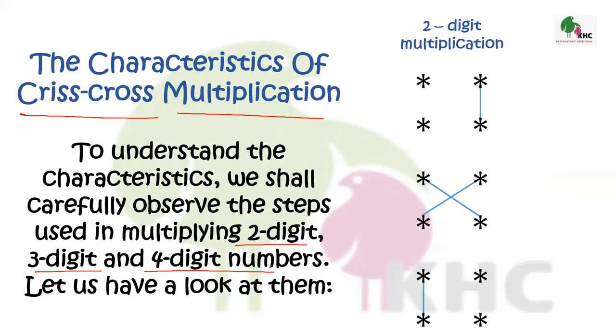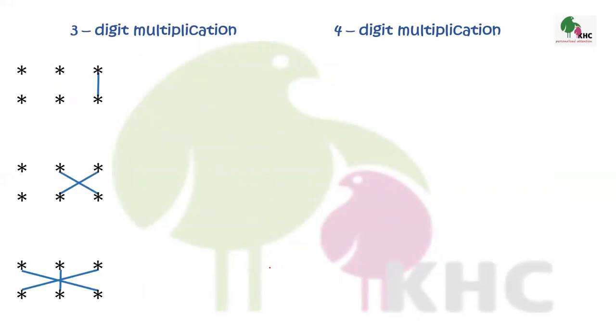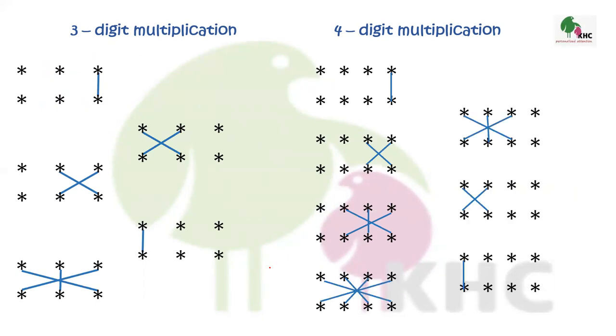I hope you're now familiar with the notations. For 3-digit multiplication, the steps involved were 1, 2, 3, 4, 5. For 4-digit multiplication, 1, 2, 3, 4, 5, 6, 7.